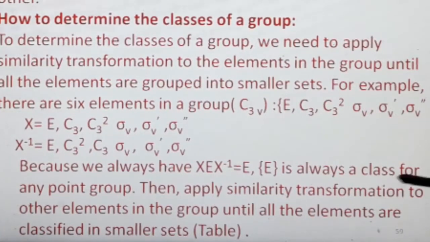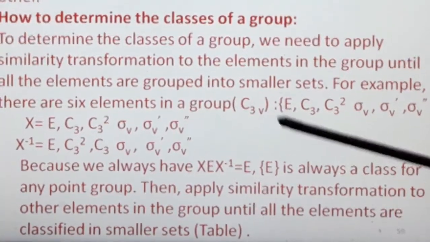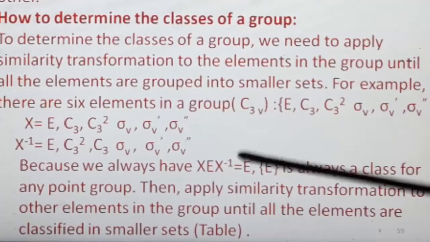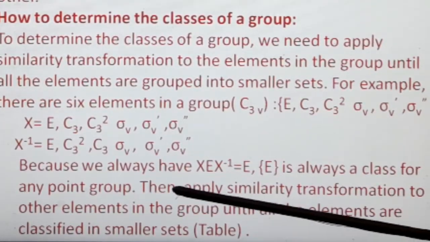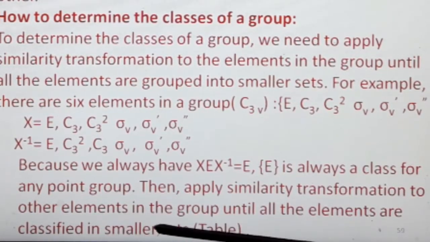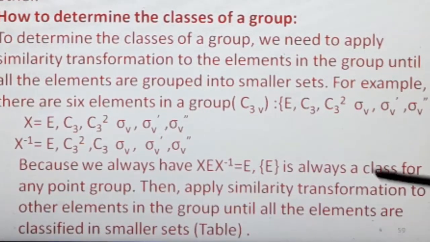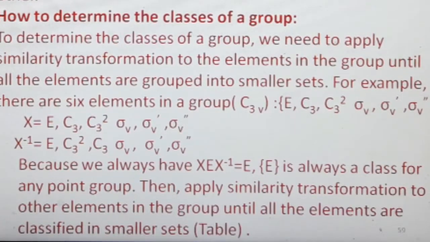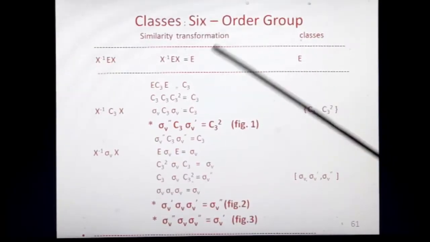E is always a class for any point group. So E is a separate class. Then apply similarity transformation to the other elements in the group until all the elements are classified into smaller sets.